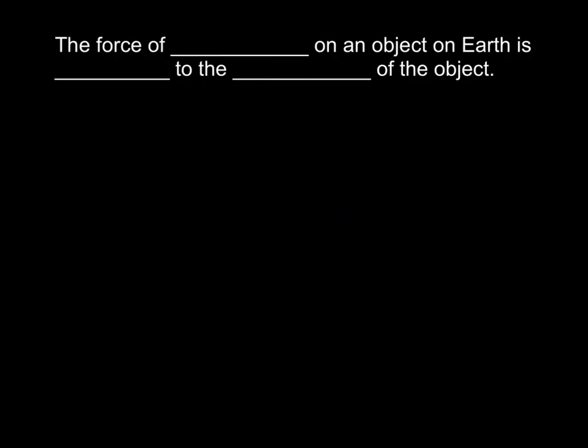The force of gravity on an object on Earth is equal to the weight of the object. And remember, we talked about how weight and mass are different. Weight depends on gravity, mass doesn't. Mass is how much matter an object contains.